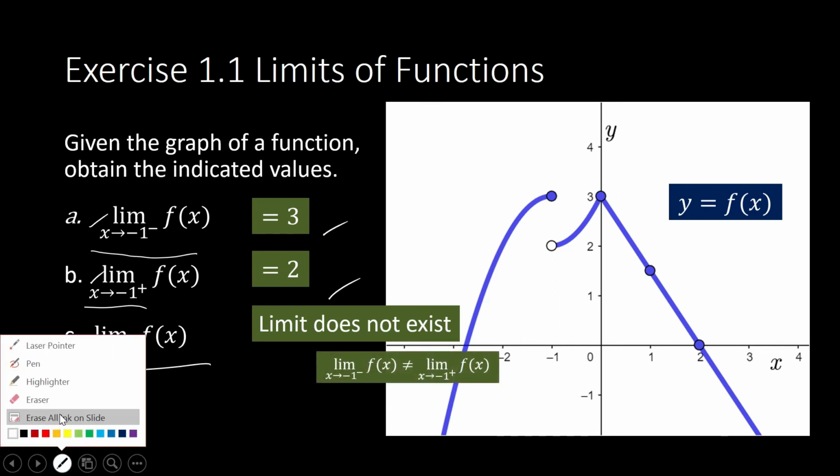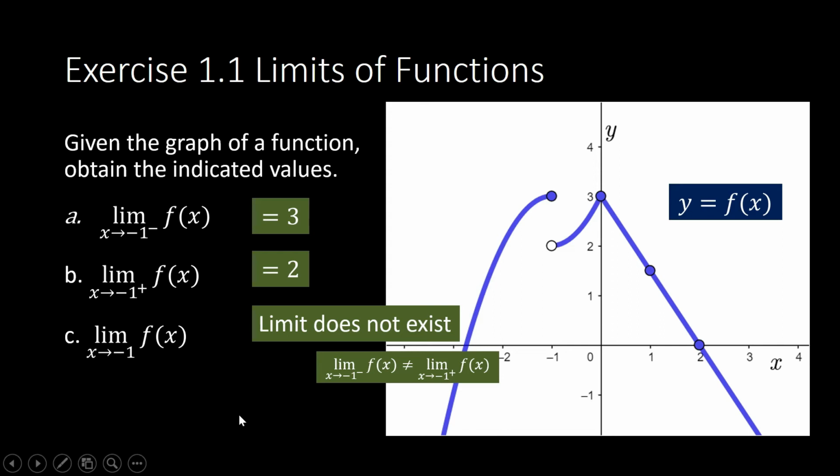Now, I'm going to throw in this extra question, and this has nothing to do with limit. It has more to do about interpreting the graph. What is f of -1? So when x is -1, what is f of -1? So it's equal to that. It's equal to 3.